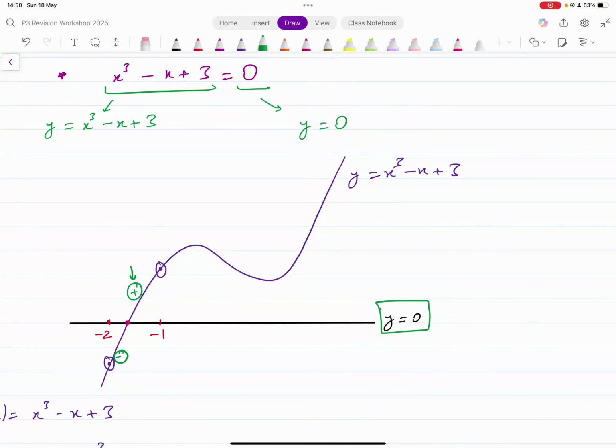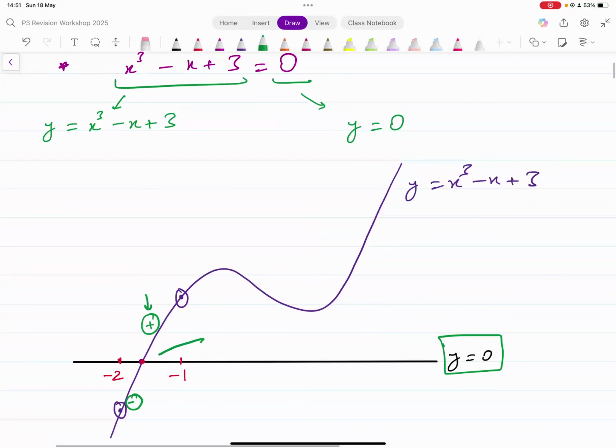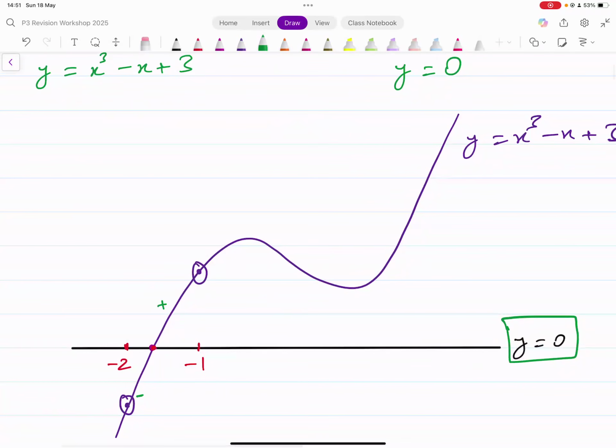So when we want to find the solution when y is equal to 0, on one side of that point of intersection, on one side of that solution, the y value will be positive. On the other side, the y value will be negative. So that is one thing that you'll have to do, first of all, in this topic. You'll have to figure out by calculation whether a solution exists between two given values or not.